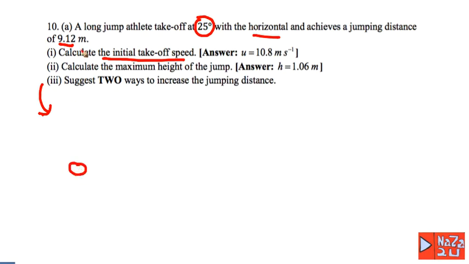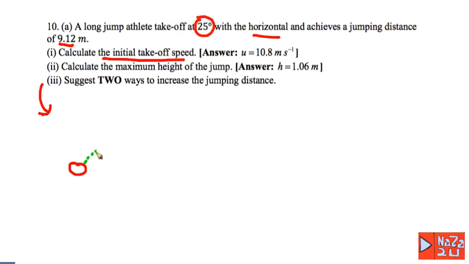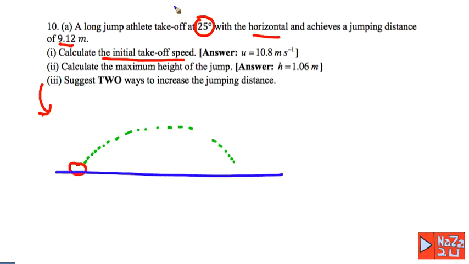Let's say this is the athlete, and this is the path of the jump from takeoff to the landing place here, right?